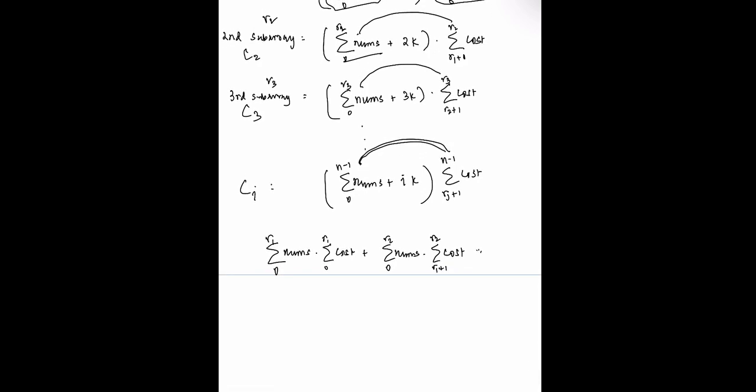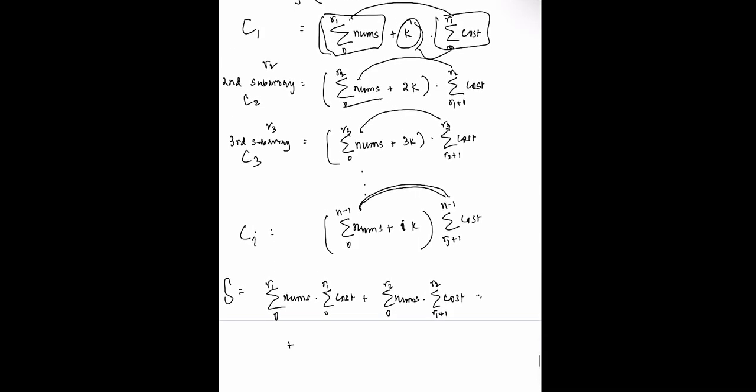You'd get 0 to R1 nums into 0 to R1 cost plus again this term and this term, 0 to R2 nums into R1 plus 1 till R2 cost, right? So on till you get this term. Now, okay, till now we haven't used this I, the order, right?